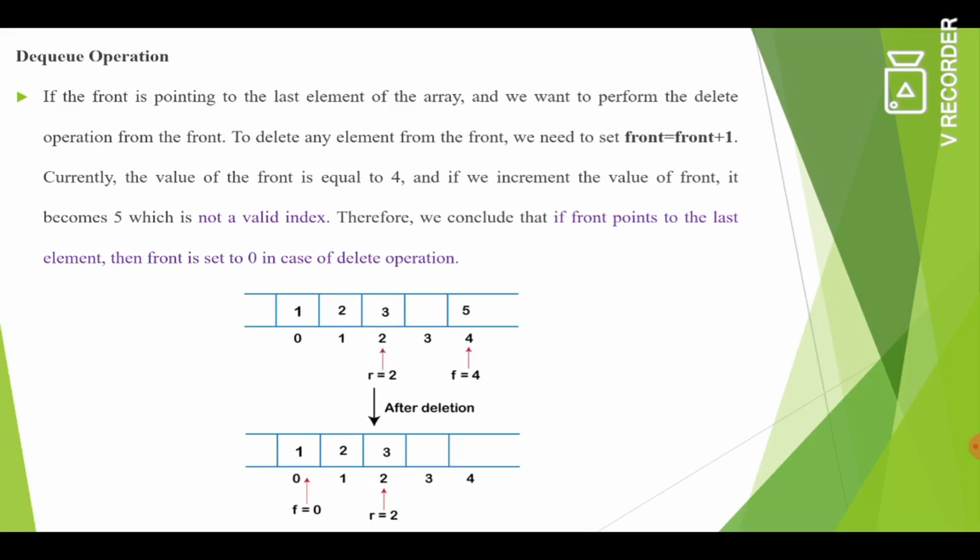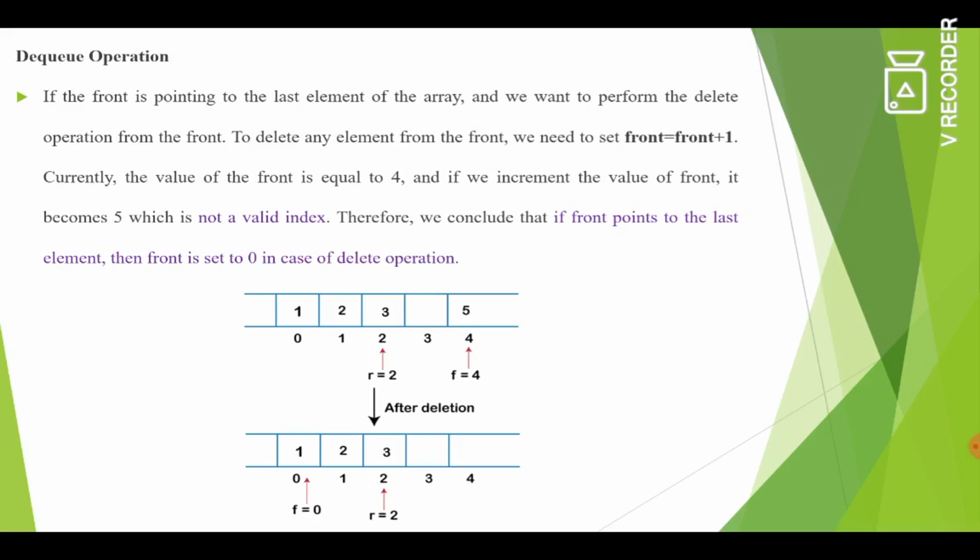The next thing is DQ operation. DQ is used to delete an element from the queue. Normally deletion takes place at front end side, but because it is a double-ended queue, it should support deletion from rear end also.